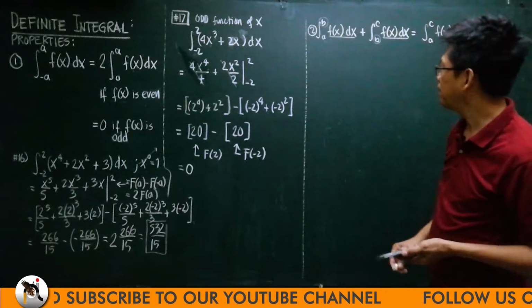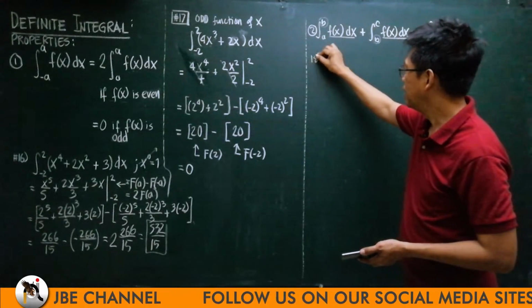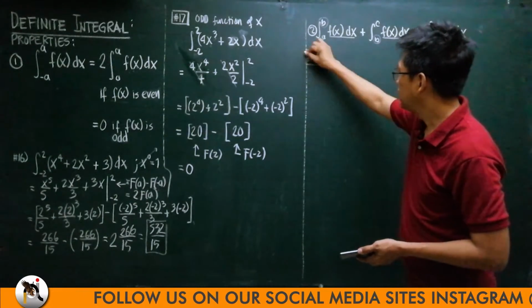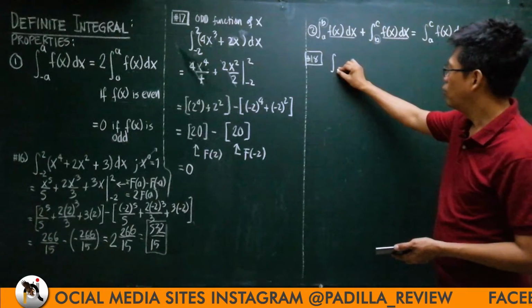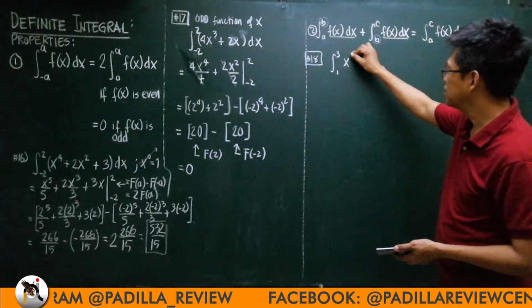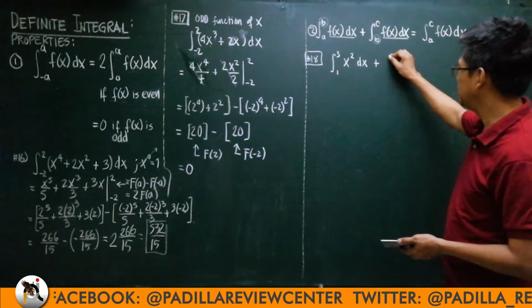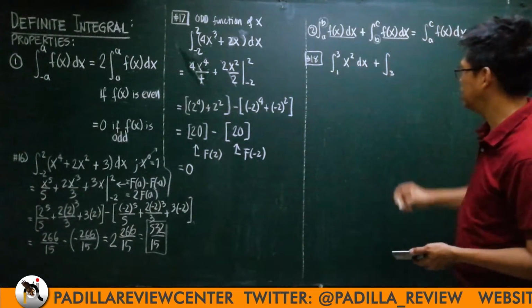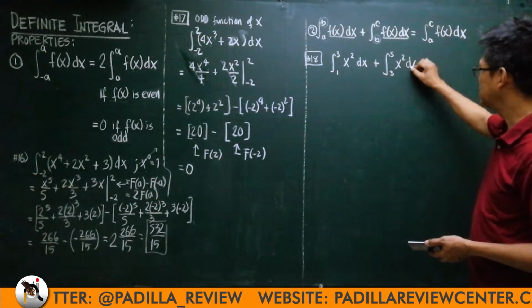Okay? Example. Suppose we have a simple example. Let us say the integral from 1 to 3 of x squared dx plus the integral from 3 to 5 of x squared dx.